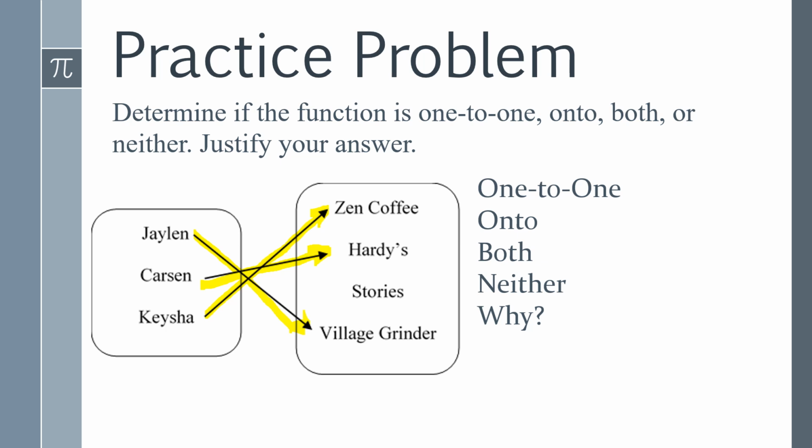This is a 1-to-1, right? Because even though there's more values in the range, it's 1-to-1. Nothing's doubled up, all right? So 1 domain to one range value.